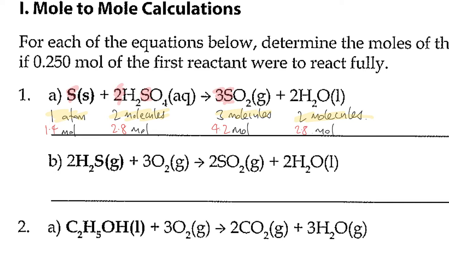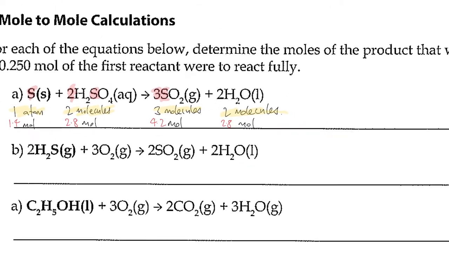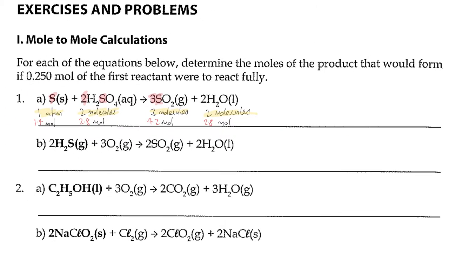Now here's the thing. You did that in your head, understanding ratios. But you can turn that into a formula, okay? The number of moles of your unknown substance is equal to the number of moles of your known substance times a specific ratio, right?